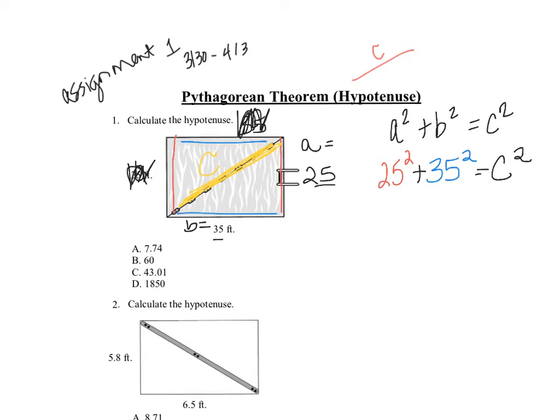The first thing I'm going to do is combine these two. When I do 25 squared plus 35 squared, that gives me 1850. And that is C squared.